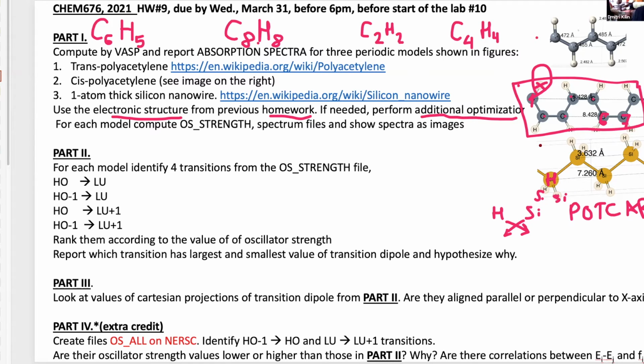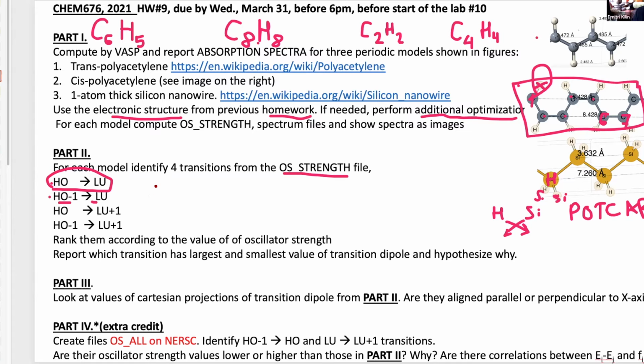So once you create the oscillator strength file for each of them and build spectra, I'm asking also to do additional work and look inside the oscillator strength file. So look at the 4 transitions. The lowest one, HOMO to LUMO, and then the 3 second lowest, HOMO-1 to LUMO, and a few others.